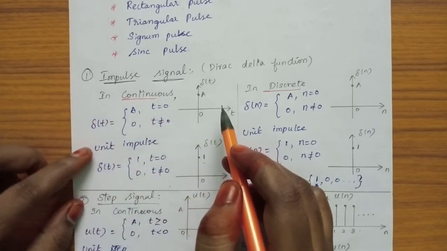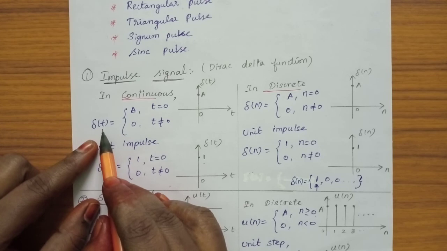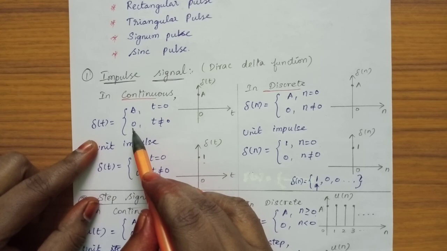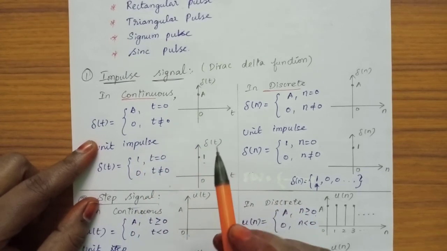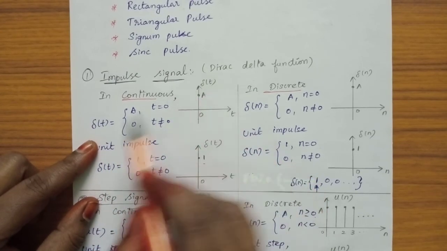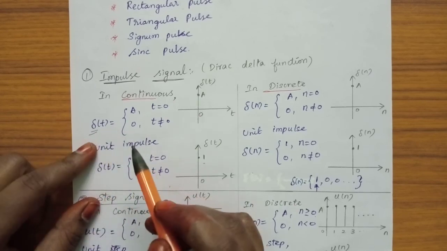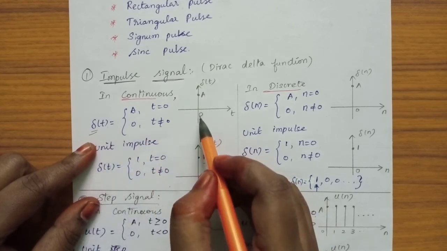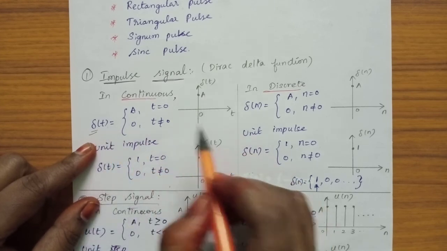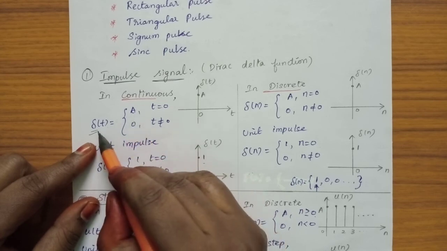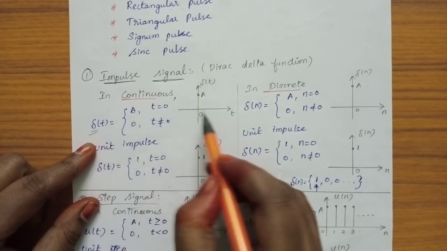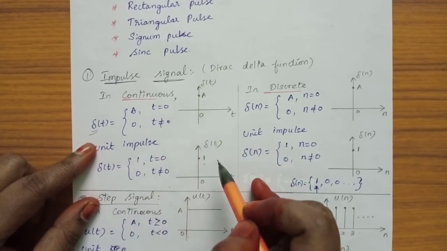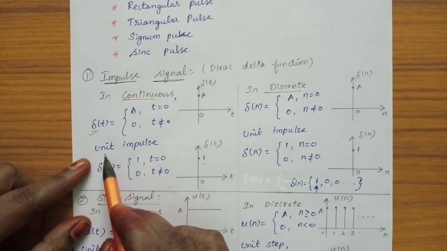We can write it as δ(t) equal to A when t equal to 0, and 0 when t not equal to 0. So the impulse signal is denoted by δ(t), and in discrete time it is denoted as δ(n). That is, the signal occurs only at the origin.